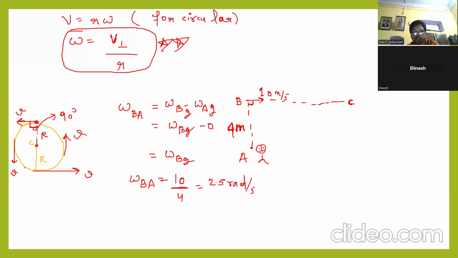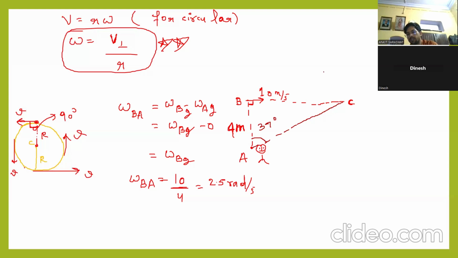Now my question is, let us suppose this angle is 37 degrees. Then what is the angular velocity of C at point C with respect to A?